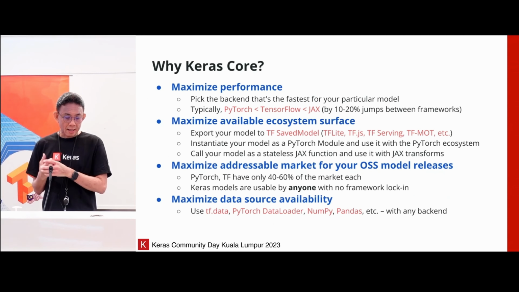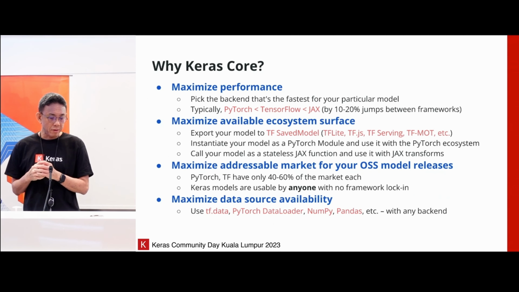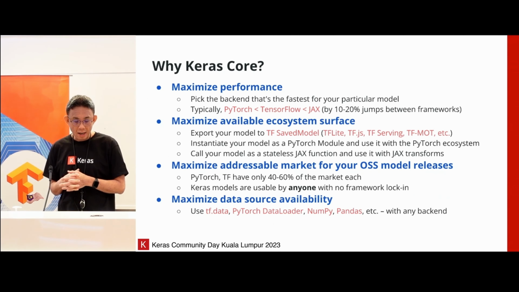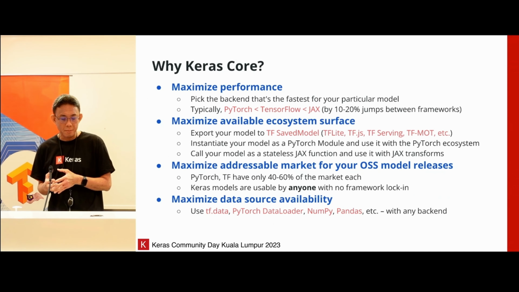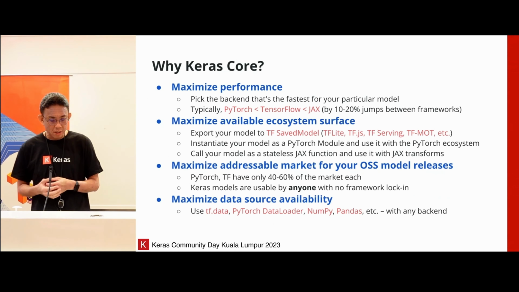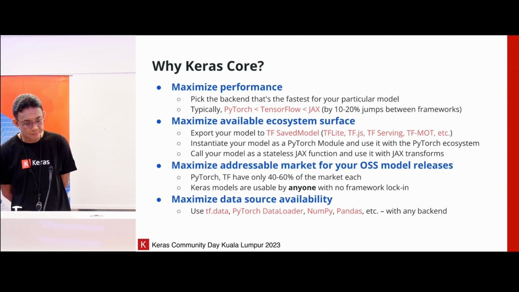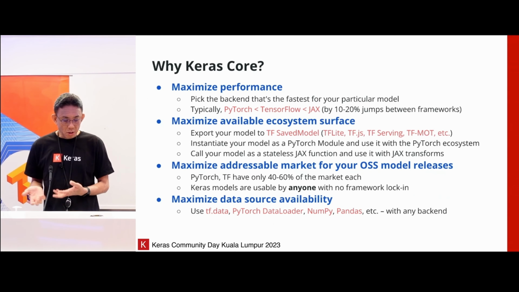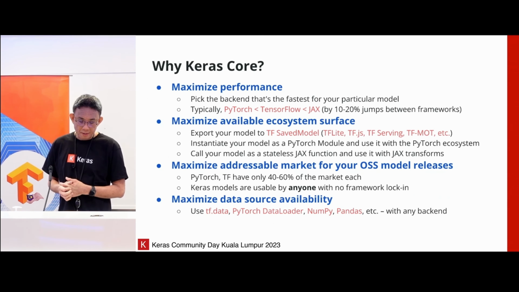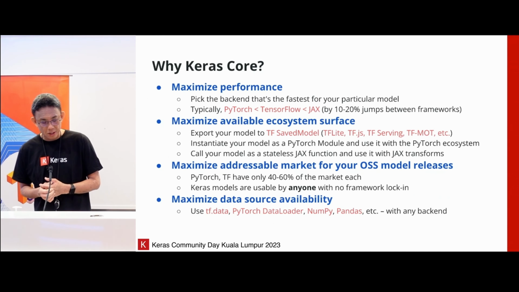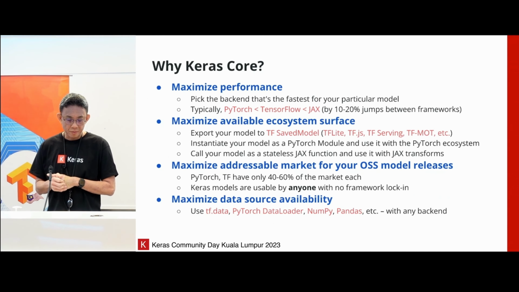The same thing, with Keras Core you can instantiate your model and export it as a Keras model. Then you can fully utilize the PyTorch module and use it in the PyTorch ecosystem. You can also use a model as a stateless JAX function, and then use all the JAX transformations that you want to use.